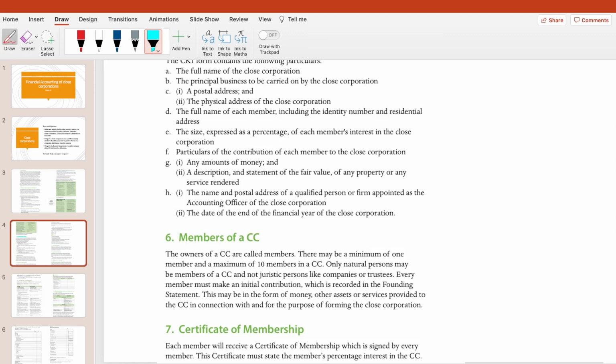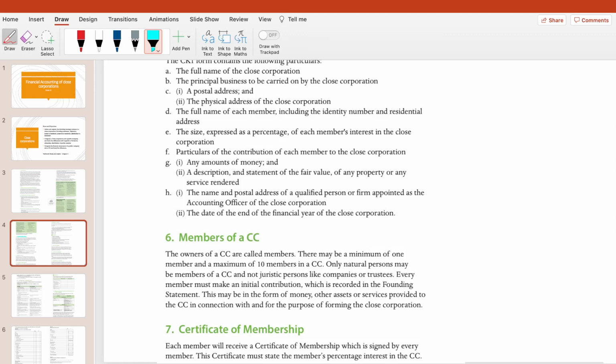So they will give a capital contribution to the CC to start that.